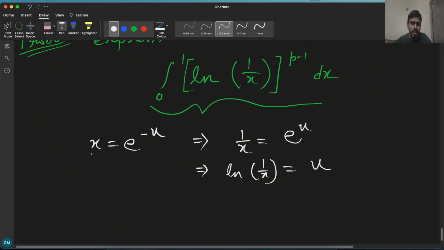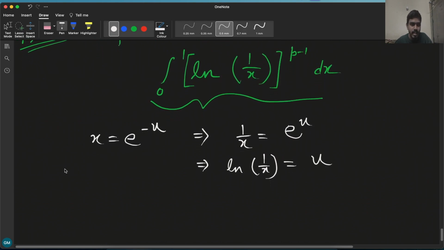So instead of starting from here, I can also start from here. So I can take this whole term as u. Same thing. And dx is minus e to the power minus u times du.